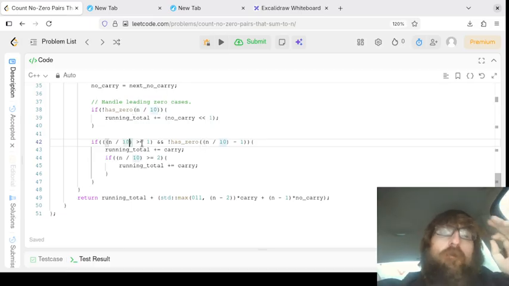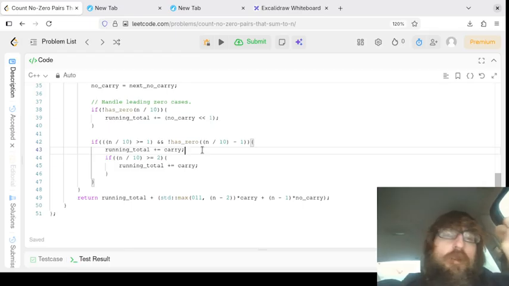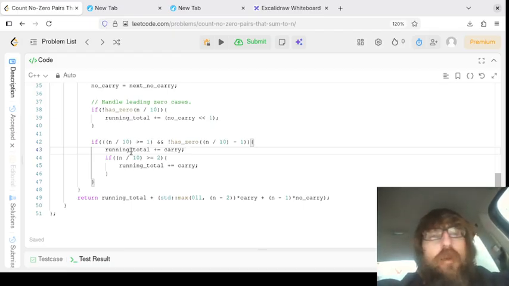And that could be a negative number, so you're going to have a check here to make sure you're not dealing with negative numbers: as long as n divided by 10 is greater than or equal to 1. If it's 0, then things get a little wonky. The easiest way is to just guard this with a terminate-early Boolean check.